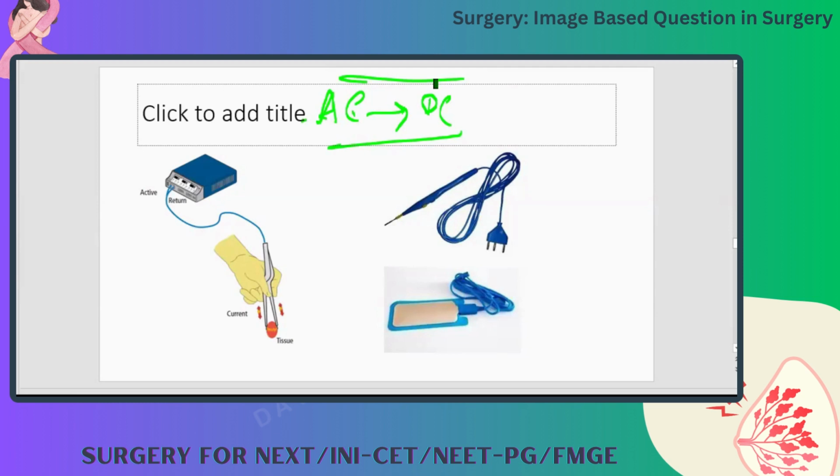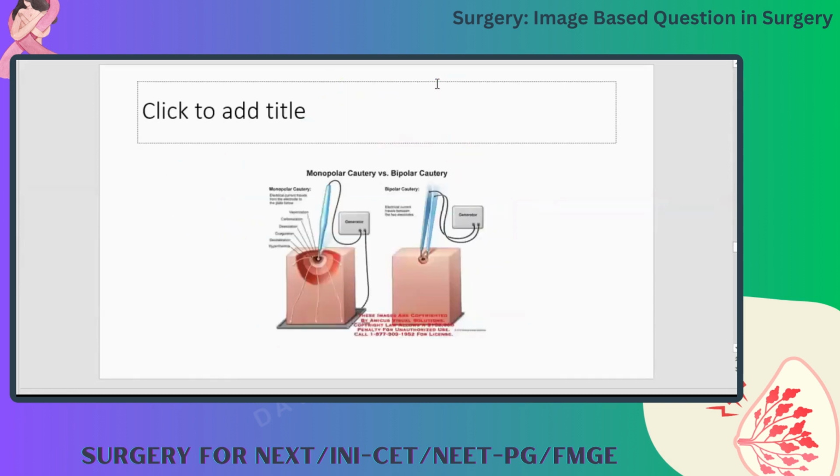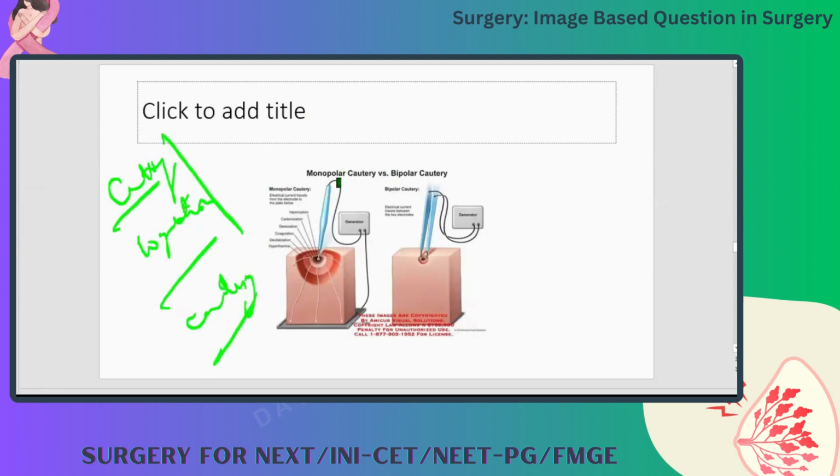If it comes to a single arm, then it is used for monopolar diathermy. So that the patient does not get any shock. Otherwise, if you give AC directly to the patient, it will shock the patient. So monopolar we use for cutting, coagulation, and bipolar we use for cauterization. Okay, cut, coagulation, and cautery.